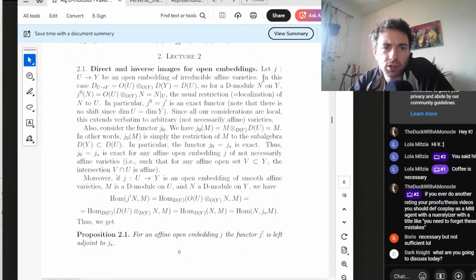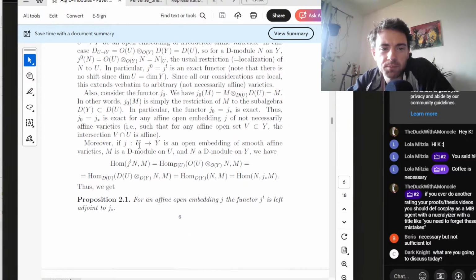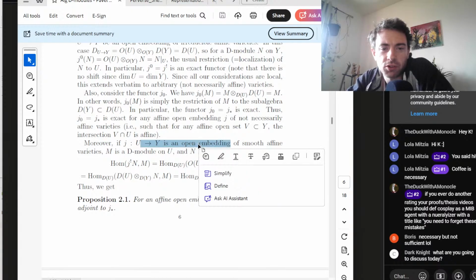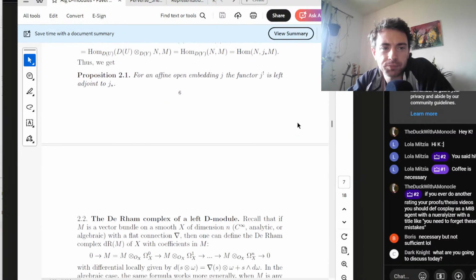Actually, there is a trick to even make life easy in that case. But we're in the case of an open embedding, because we want to see what happens when we restrict back down to the open orbit.